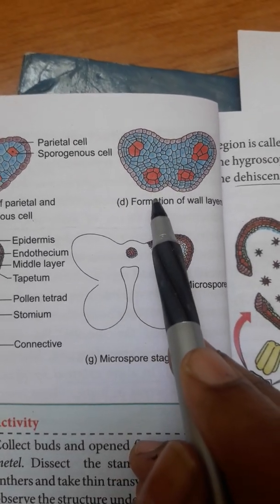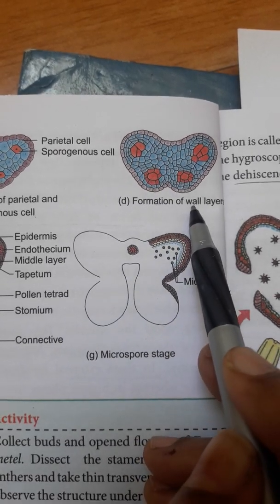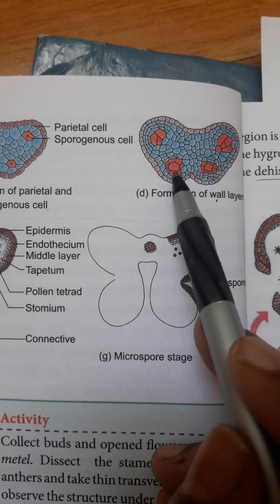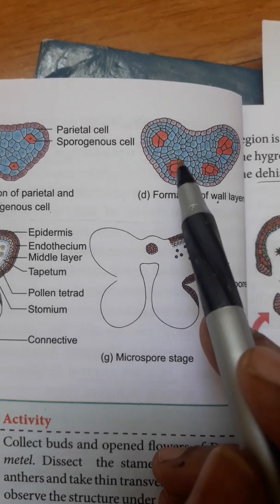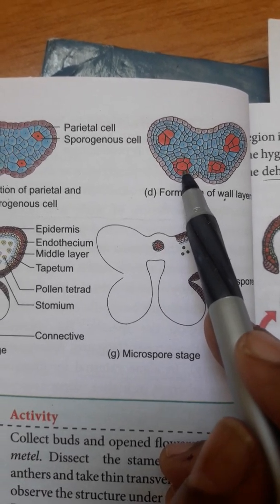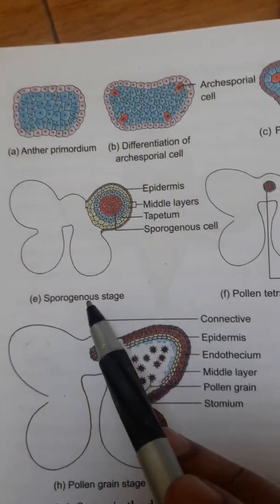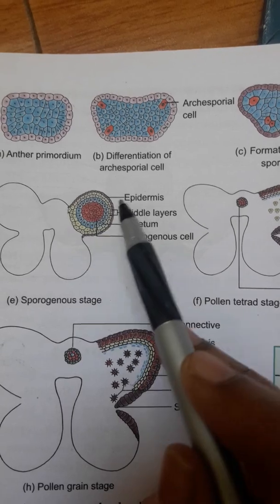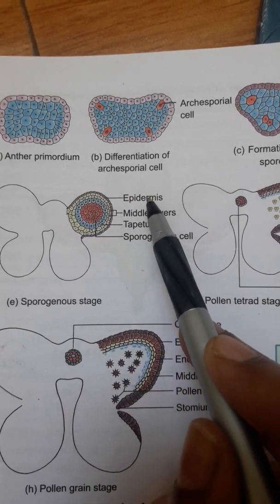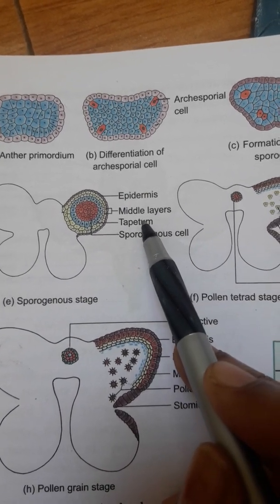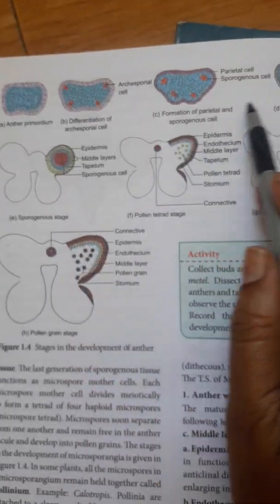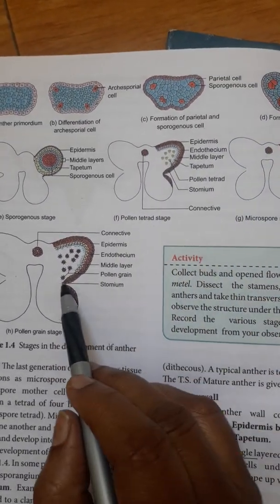In this stage, the formation of wall layers happens, and the sporogenous cells undergo periclinal and anticlinal division, and now in this stage the sporogenous stage is completely formed. It has a single layer of epidermis, middle layers, tapetum, and then the sporogenous cells. These are the stages in the development of anther.